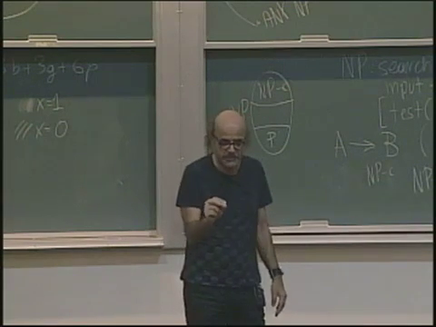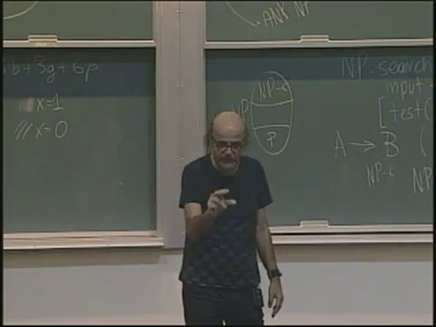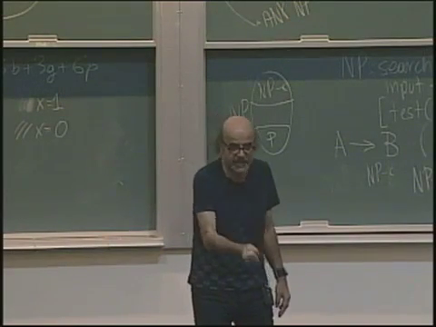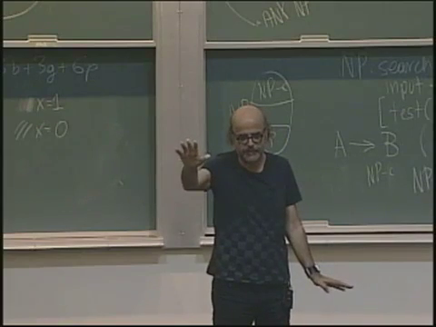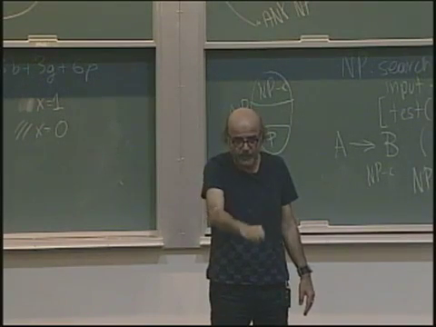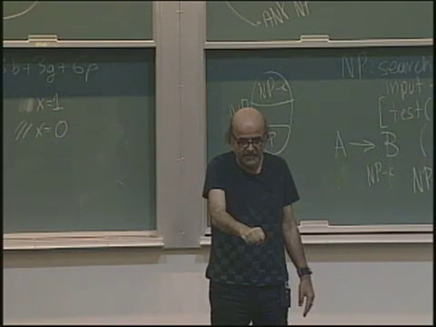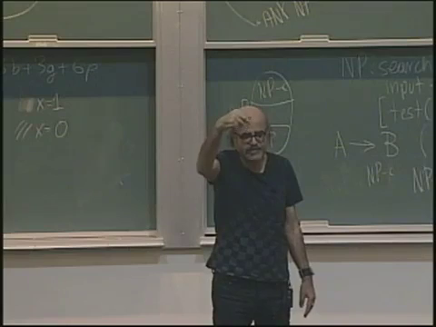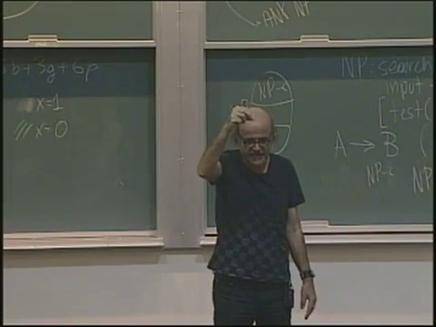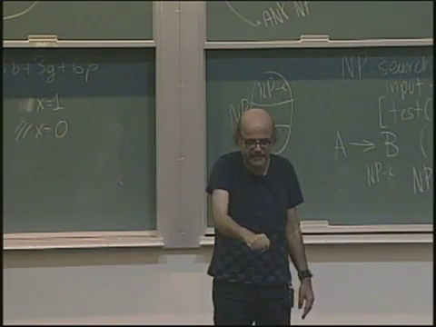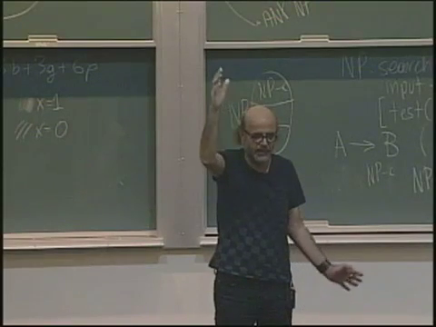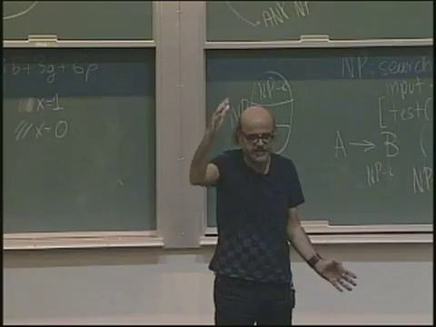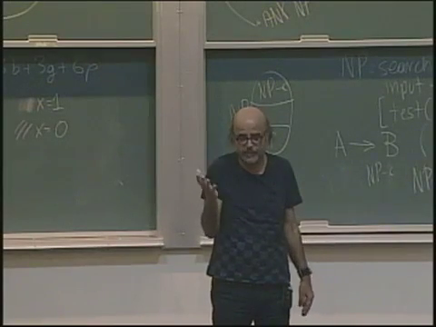So the point is, you are used to the following pattern: if a special case of a problem is easy, it doesn't mean that the problem is easy. That's true. But if a special case of a problem is hard, then the problem is hard, because there is always a reduction from the special case to the general case. Just do nothing. Embed it. These are reductions that are fun, and frankly, they're the most useful.